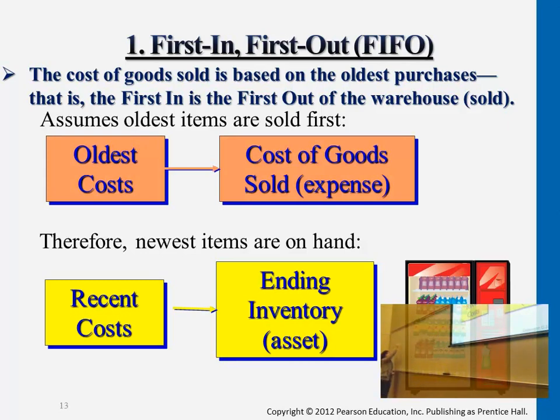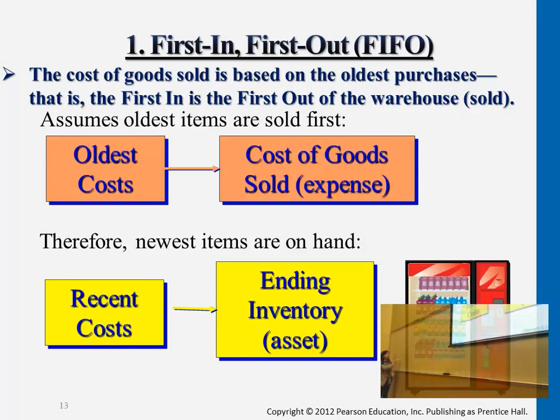Okay, so again, if there were 3 purchase transactions that occurred earlier, whenever we start to sell items to customers, first in, first out, we will always assume that the customer is purchasing the earlier inventory first.